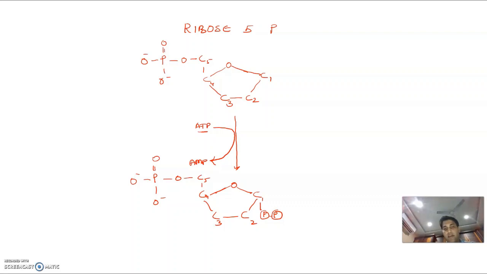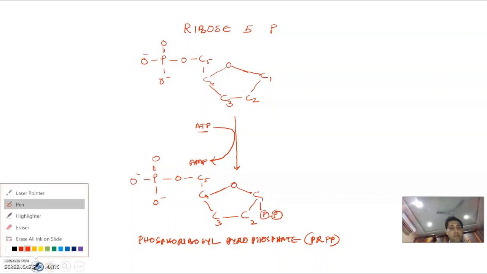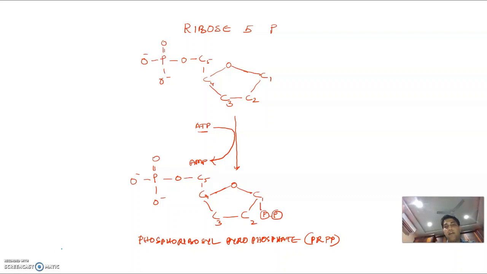This we call phosphoribosyl pyrophosphate, or PRPP. Now the enzyme required for this reaction is called PRPP synthase.